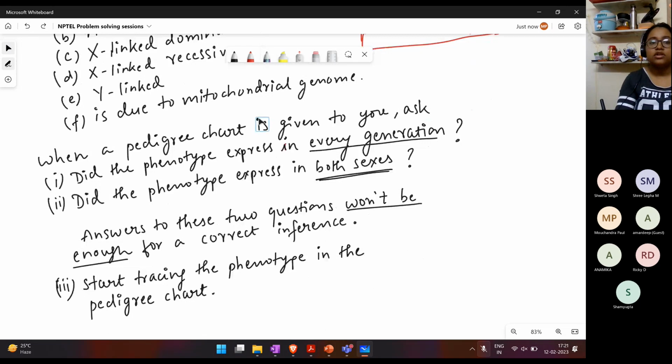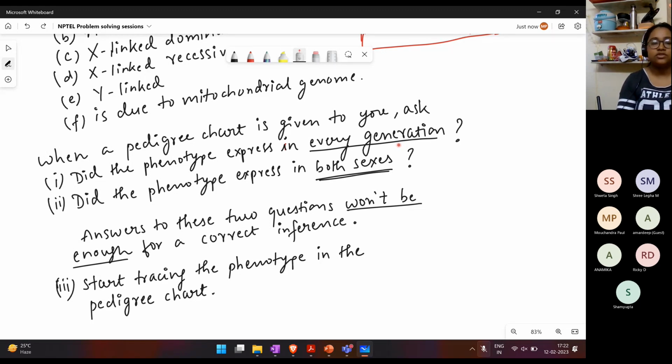Now, you are given a pedigree chart and you are asked to analyze it. So, what questions should you ask? First, you should see whether the phenotype is expressed in every generation, or whether it is skipping any of the generations.